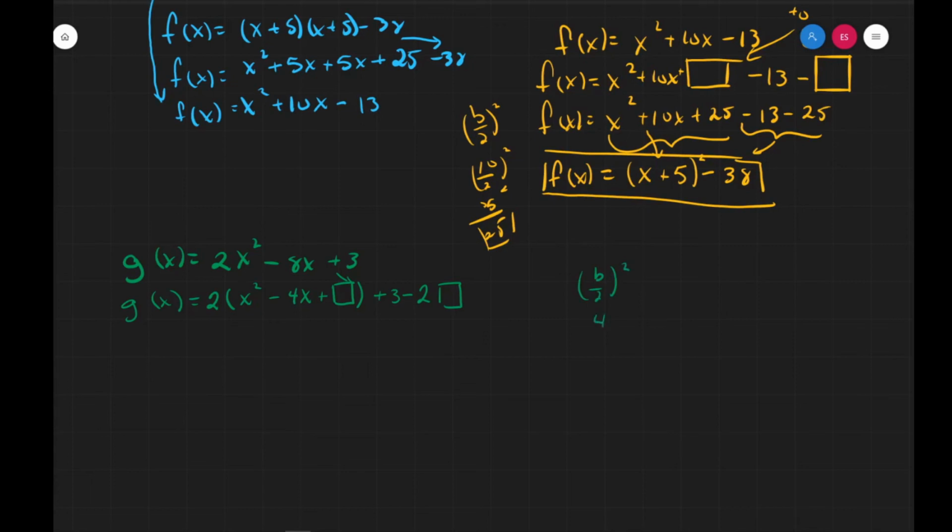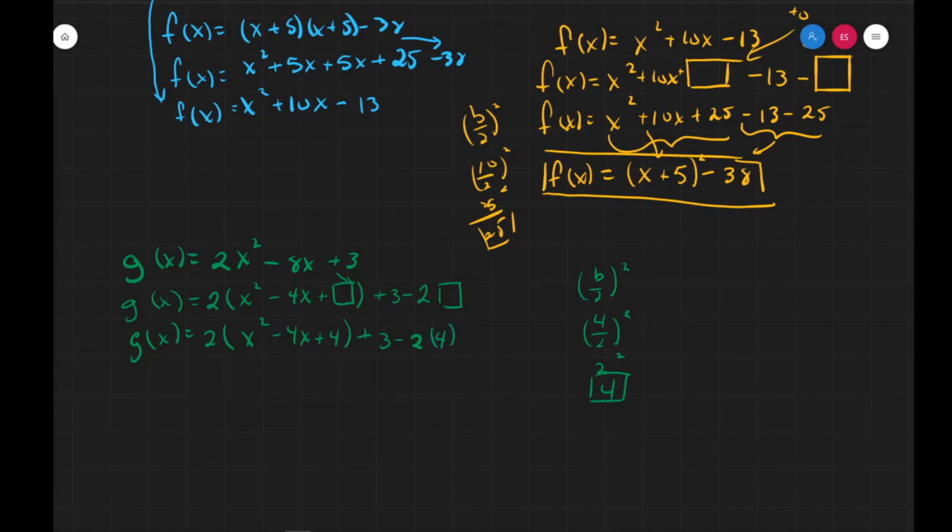In this case, b is 4 over 2 squared, which is 2 squared, which ends up being 4. So we're going to plug 4 into our boxes. So we're going to end up with g of x equals 2 parentheses x squared minus 4x plus 4 plus 3 minus the number we factored out, which is 2, times 4.